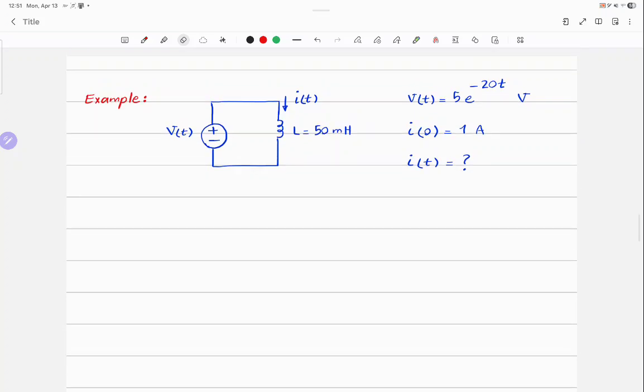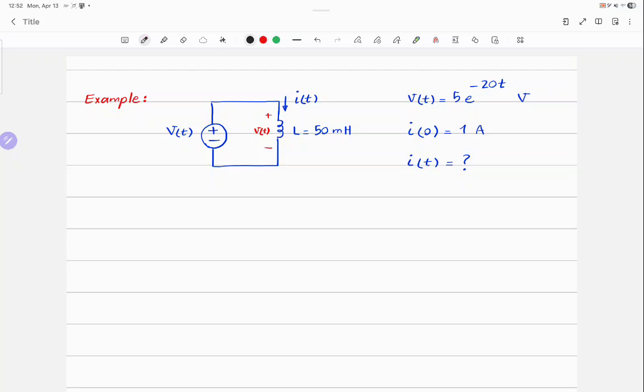Okay, let's do an example. V(t) is given to you, some function. You're supposed to find I(t), and the value of the inductor is also given to you. So what should I do? First of all, can you tell me what's the voltage across the inductor? Do you agree that these are parallel, so V(t) is dropped across the inductor?